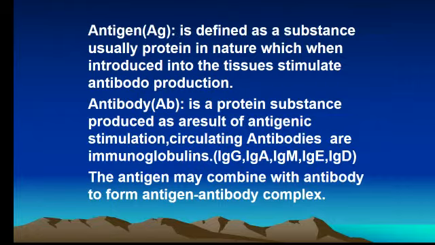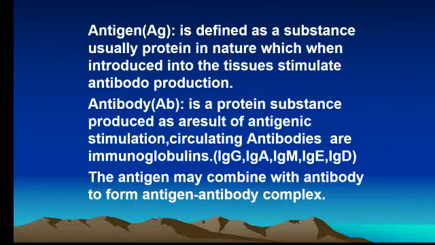Antibody, AB, is a protein substance produced as a result of antigenic stimulation. Circulating antibodies are immunoglobulins: IgG, IgA, IgM, IgE, IgD. The antigen may combine with antibody to form an antigen-antibody complex.